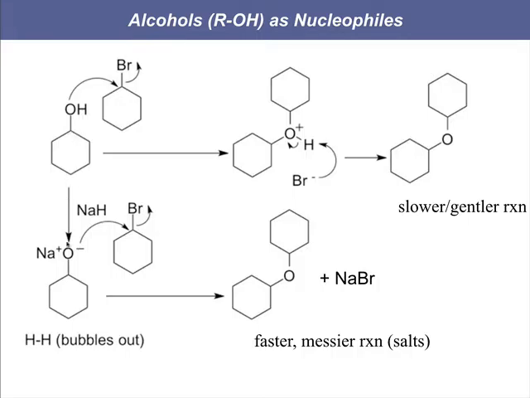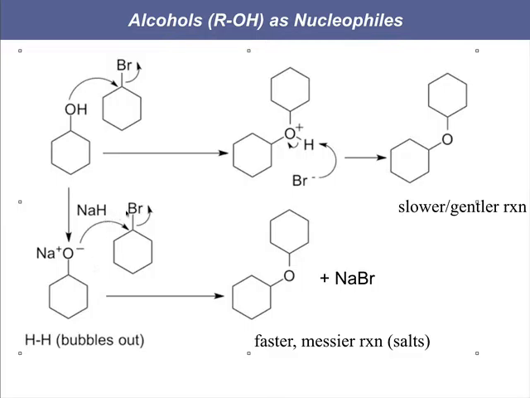Remember, we said that a base is always a better nucleophile than the conjugate acid. So once we've used NaH, sodium hydride, to remove that H from our alcohol, we now have an alkoxide, which is a better nucleophile. If that oxygen donates its lone pair of electrons to the carbon, the bromine leaves as a result.